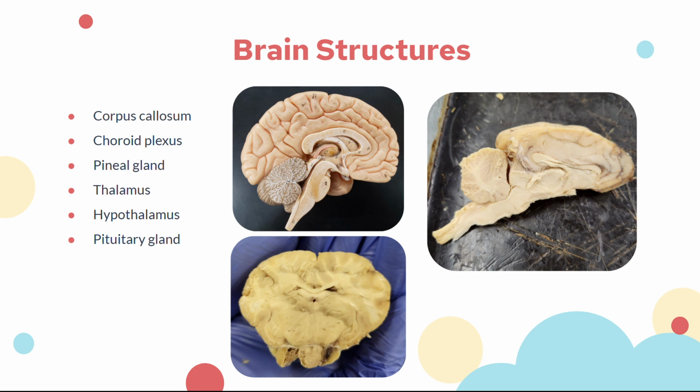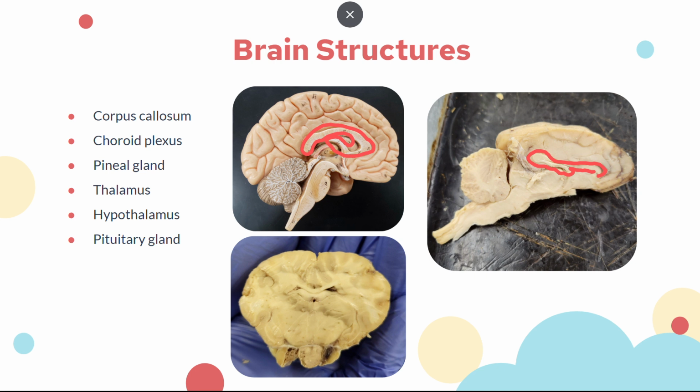Okay, so for some of our brain structures that we still have left, we have our corpus callosum. In the sagittal view on the sheep brain, the corpus callosum would be this section right here. On this human model, there's also a sagittal section. You can see it right here. This is our corpus callosum.